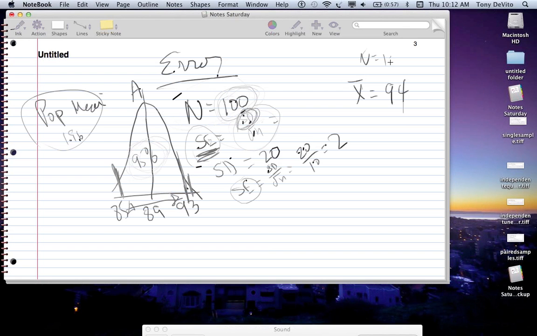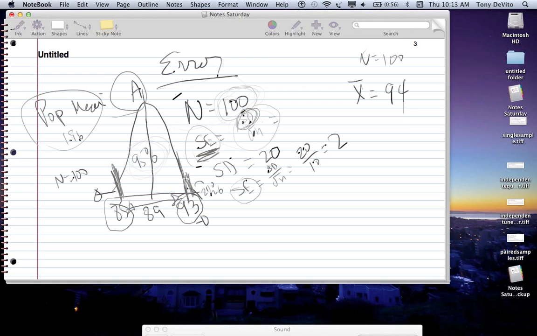Sample size is 100 again. I would expect that to occur only all the way out here. I know that 2.5% of the time, if I take a sample of 100 from this population A, I'll get a value above 93, and 2.5% of the time I'll get a value below 85.